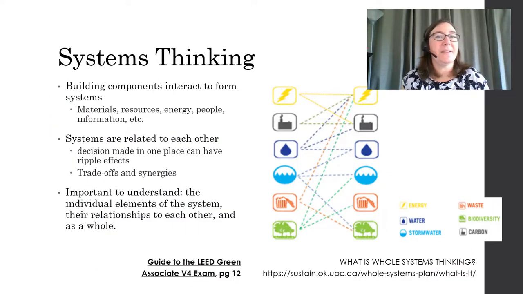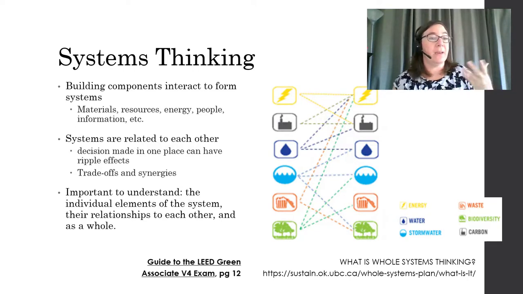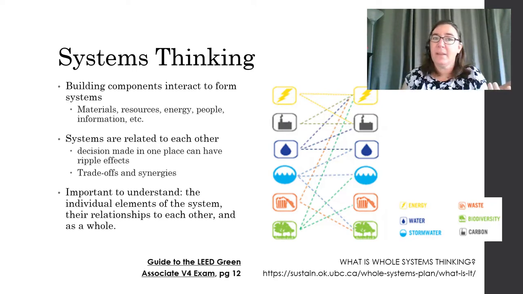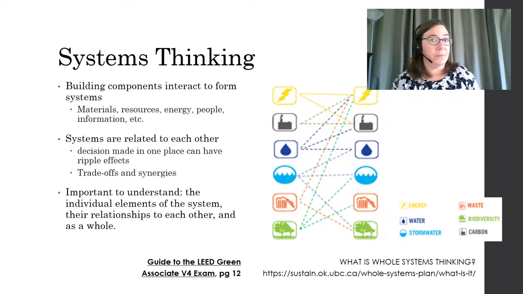Let's move on to the concept of systems thinking. Your building components, everything in your building, are going to interact with each other, and they form systems. Some examples are a materials system, resources, energy, people system, information systems. These systems are related to each other, and a decision made in one place can have ripple effects through the other systems.